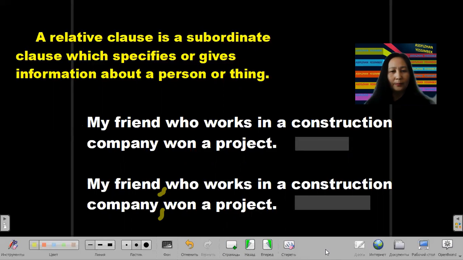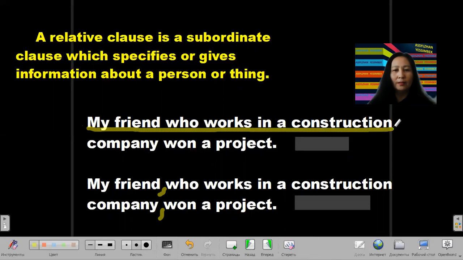So let's discuss. In the first sentence, my friend who works in a construction company is the subject, and won a project is the predicate. Who works in a construction company defines the subject, the words my friend.